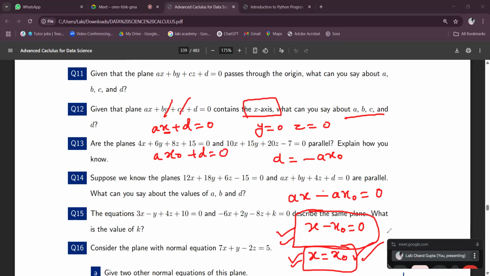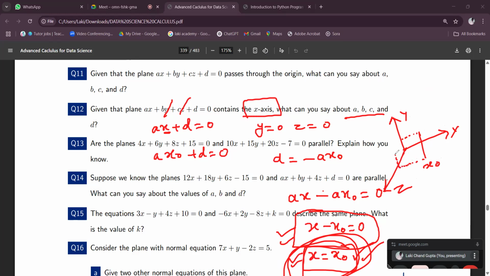So the intercept on the x-axis is x0. This is the x-axis, x0.